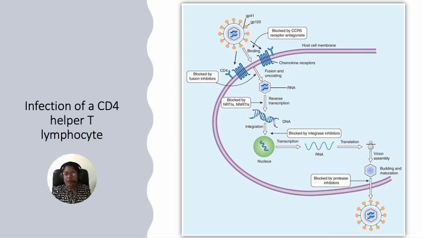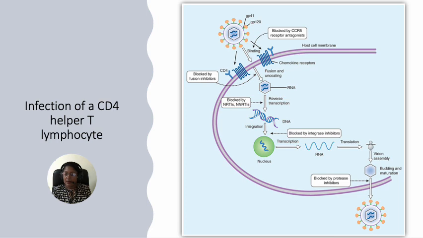The viral protease cleaves viral polypeptides into enzymes and structural proteins. These enzymes include integrase, reverse transcriptase, and protease, and the structural proteins are what help to form the new virion.